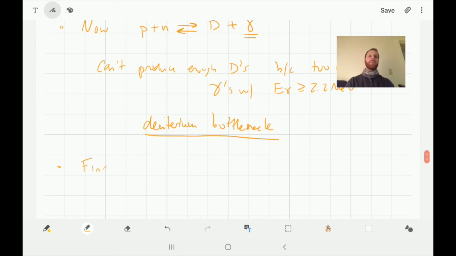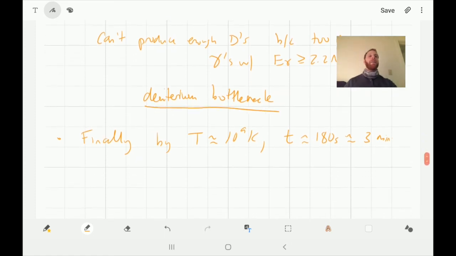So finally, once the universe is cooled, that happens, by the way, at a temperature not of 10 to the 10 Kelvin, which is when the weak interaction freezes out, but this is more like 10 to the 9 Kelvin, which happens at a time of about 180 seconds, which happens to be about 3 minutes. Finally, your protons and neutrons can go forward to making deuterium primarily in that direction. And once deuterium can be produced in large quantities, that's when you can start producing the other elements. So this can all occur.